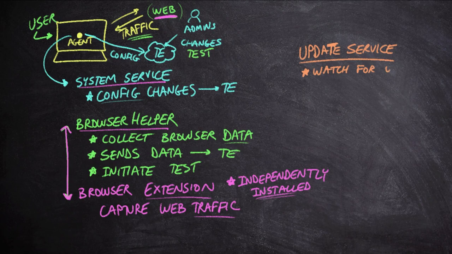It's going to download those updates. And when ready, it will deploy the updates. Now, here's the thing about this. It's going to, first of all, watch for updates. It's going to check in every 4 hours. And if it does find that there's an update out there, then it's going to download that update. But it won't install it right away.